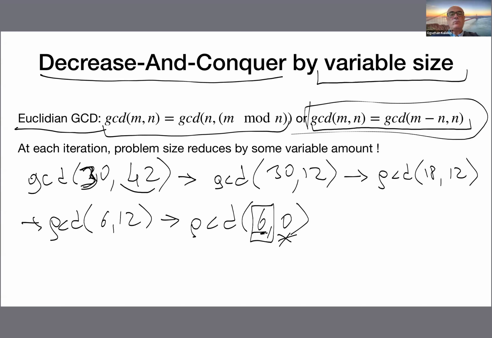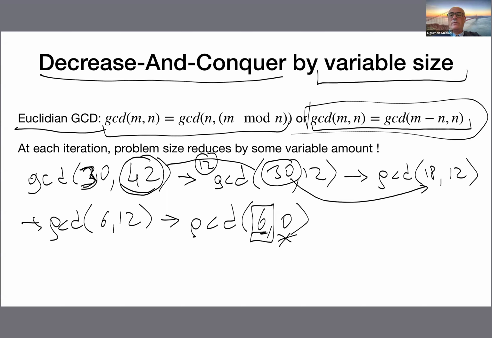Okay. What happened? If I assume that the problem size is the larger number here, first I reduced 42 to 30. So there is a decrease of 12, right? From 30, I go to this large number again.